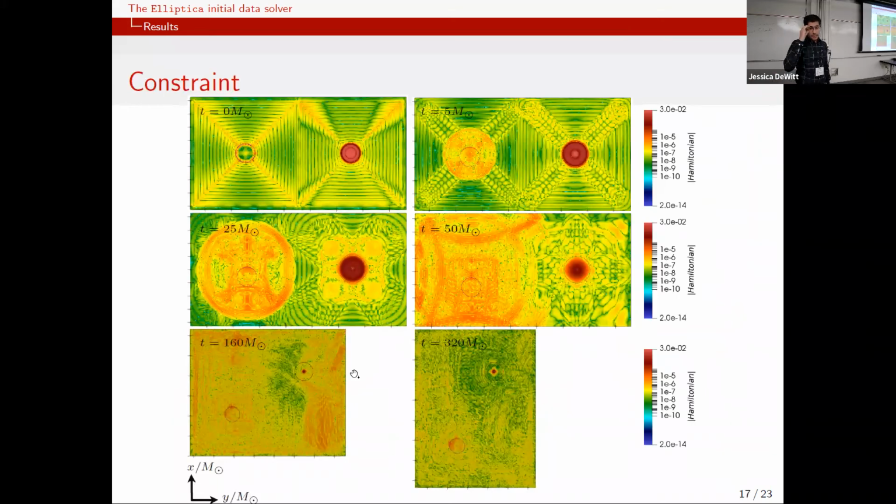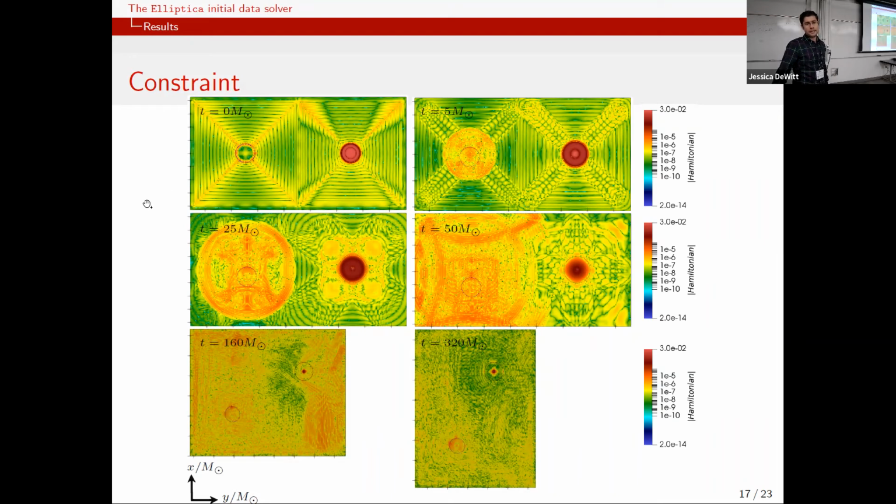All right, so let's see how the performance of this black hole filler is. Here is the orbital plane that I'm showing you. This is the neutron star and this is the black hole, and the color here is the Hamiltonian constraint violation. These snapshots are taken at t equals 0, 5, 25, 50, and so forth. The most important ones are the first few snapshots.